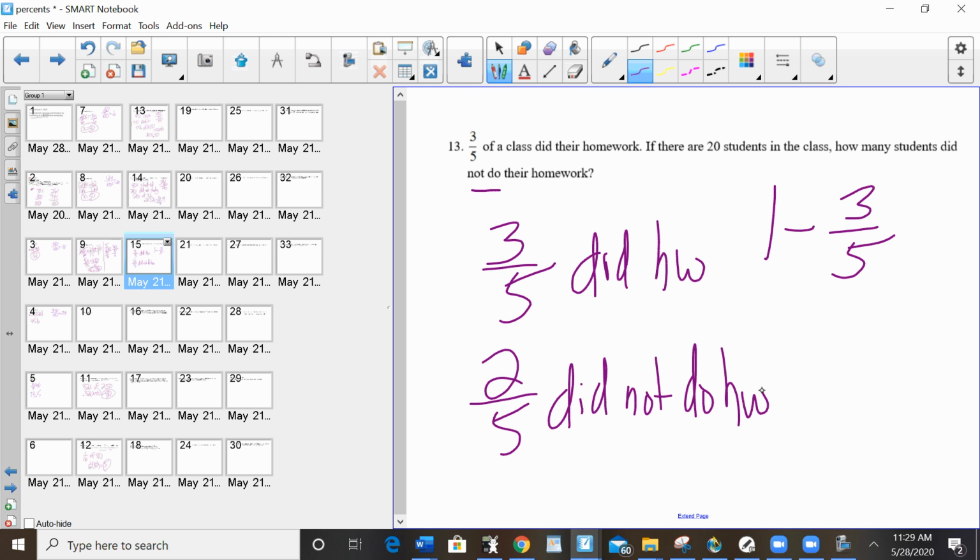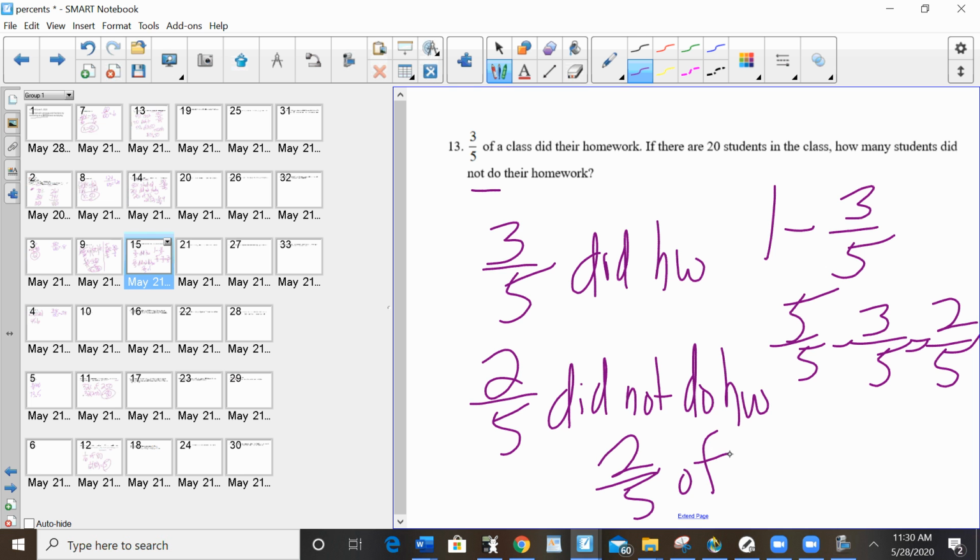So yes, you're essentially still subtracting from 1, or you can just think of it as the numerators have to add to a whole. And if you're doing this mathematically, 1 is 5 over 5, and you would end up with 2 over 5. But it might be easier to think of it as, well, if 3 out of 5 did it, then 2 out of 5 did not. Either way, they're adding to 1. So 2/5 of 20 did not do their homework.